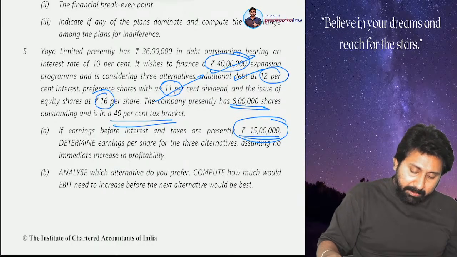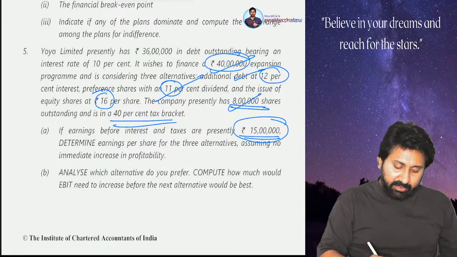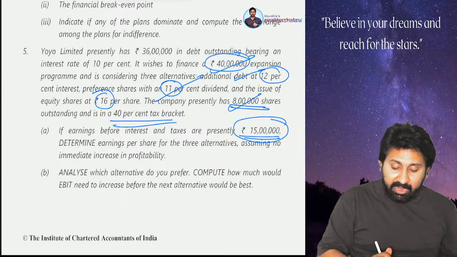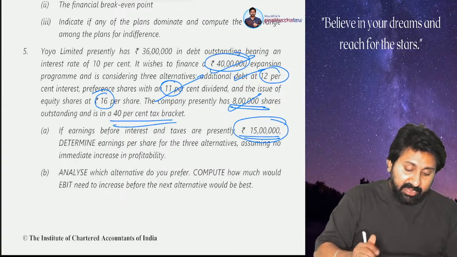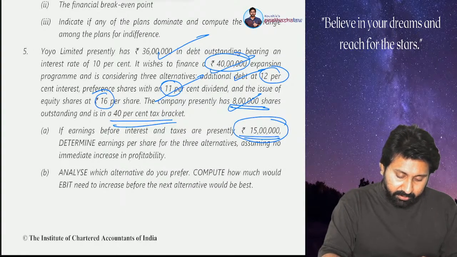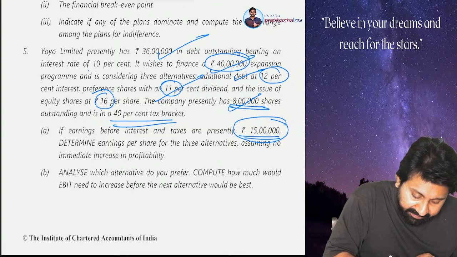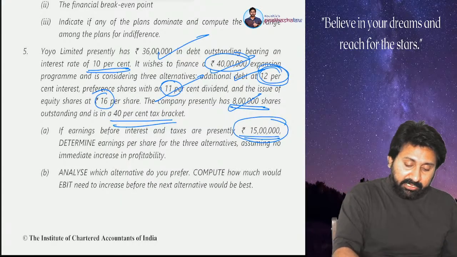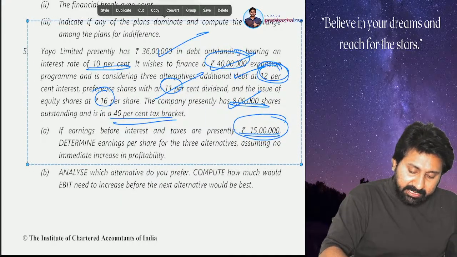Already in my company, 8 lakh shares are there, and the already present 36 lakh debt is there in the company, having a 10% rate. New debt will carry a 12% rate of interest.